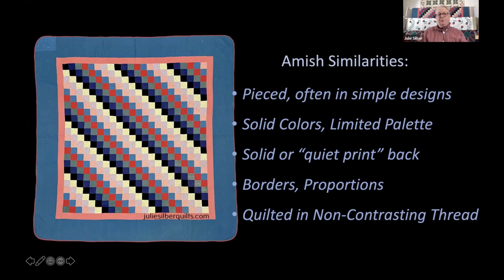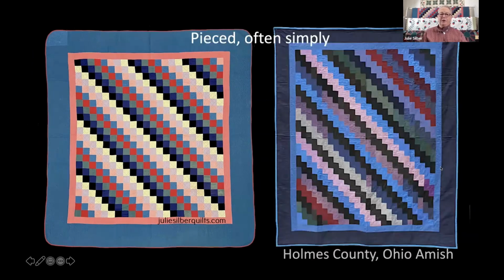There are particular borders and proportions that we see among Amish quilts. Sometimes those are shared with non-Amish people, but this wide outer border with a narrow inner border in various proportions tends to be the format. And Amish quilts tend to be quilted in a non-contrasting or dark color thread. So I'm going to go through those one by one and look at them in relationship to the quilt on the left, the quilt in question.